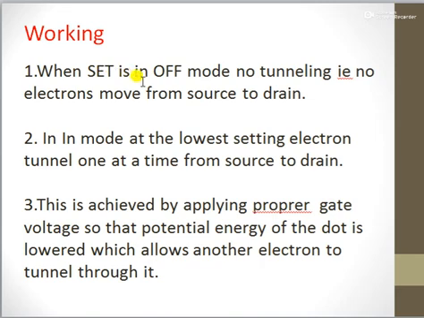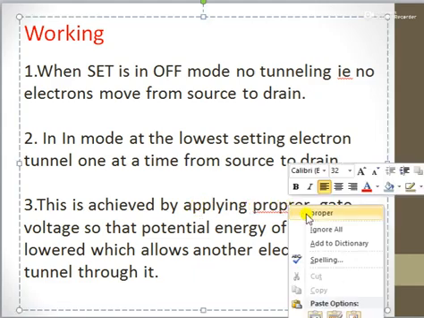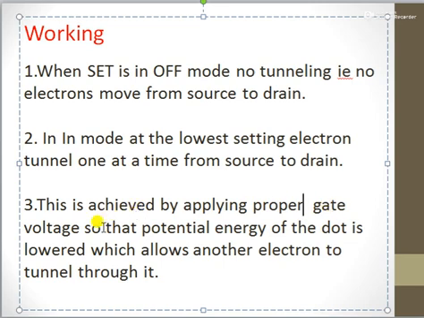When the SET is in the off mode, there is no tunneling, that is, no electrons from source to drain. If it is in on mode, at the lowest setting, electrons tunnel one at a time from source to drain. This is achieved by applying a proper gate voltage so that the potential energy of the dot is lowered, which allows another electron to tunnel through it.